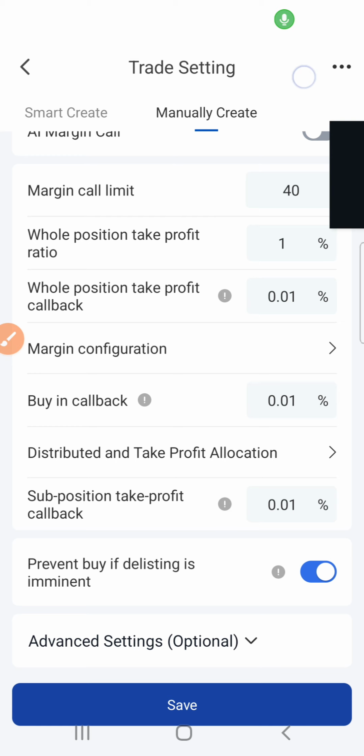It means you bought from here, and you want to buy this call margin when the coin drops by negative 1. The robot will wait. When negative 1 is reached, you understand? When negative 1 is reached and there is no continuous drop of negative 0.1, the robot will not buy that call margin.